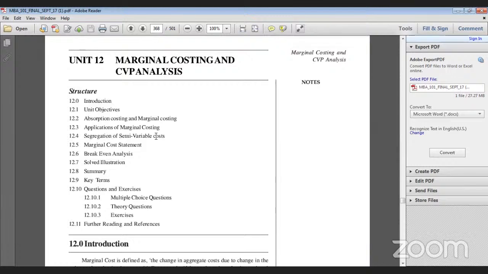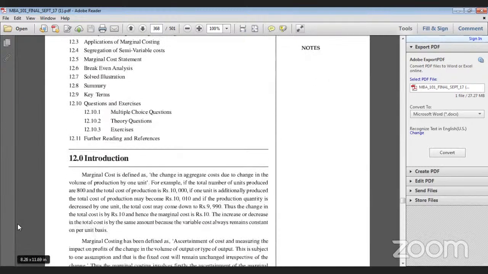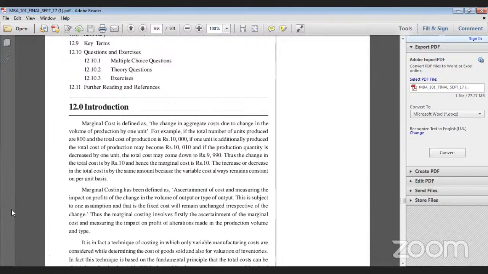In the 12th unit, managerial costing and CVP analysis, which is basically for the cost centers. In this, marginal cost is defined as the change in aggregate cost due to a change in the volume of production by one unit.